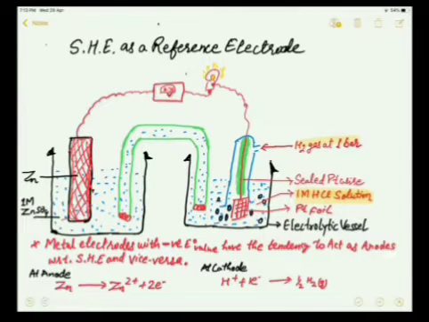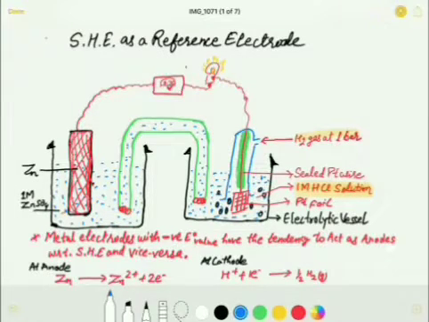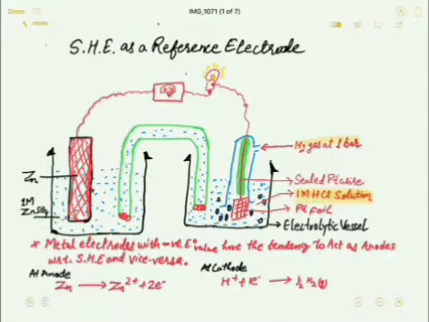So this is the simple hydrogen electrode we have. So dear students, you can see here this is a simple hydrogen electrode which we are using here as a reference electrode to find out the electrode potential of the zinc electrode.